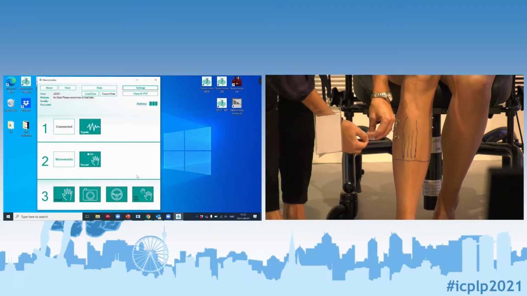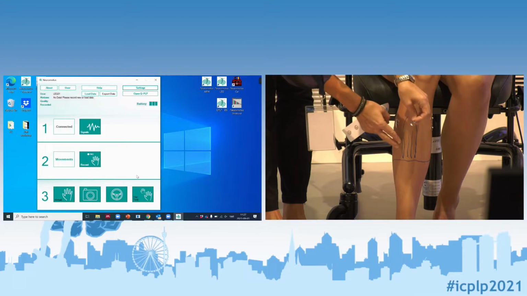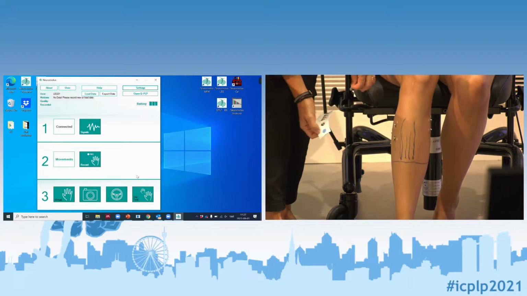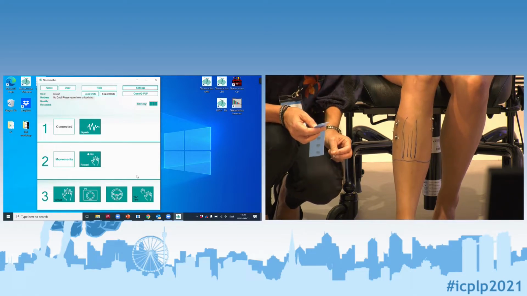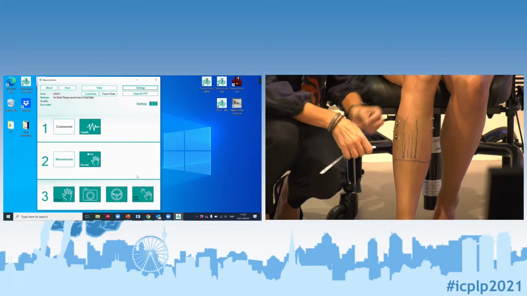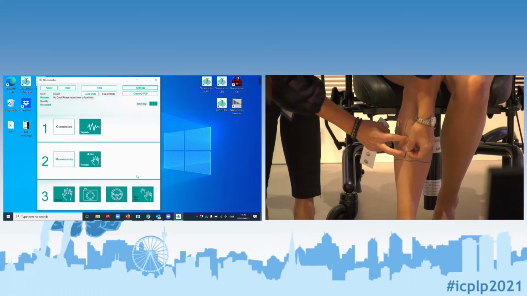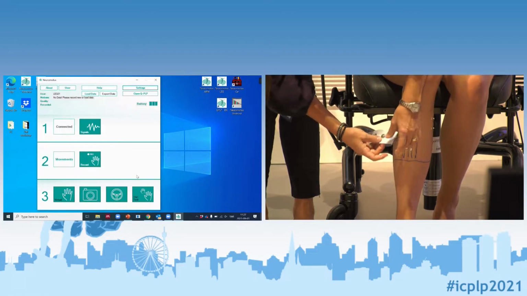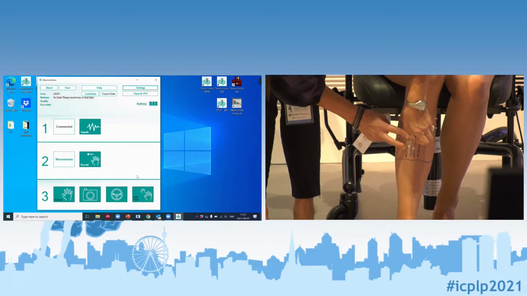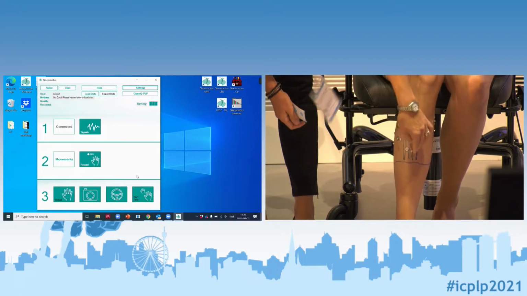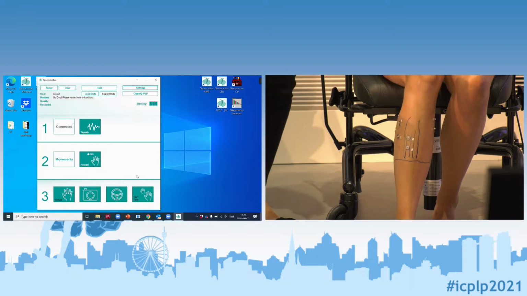An important part of the story: the electrode placement is one of the most important parts of our treatment, because if we don't have a good electrode placement, then all the recording will not work. If we are not getting a good baseline recording of our session or our muscle activity, then it's not possible to continue.